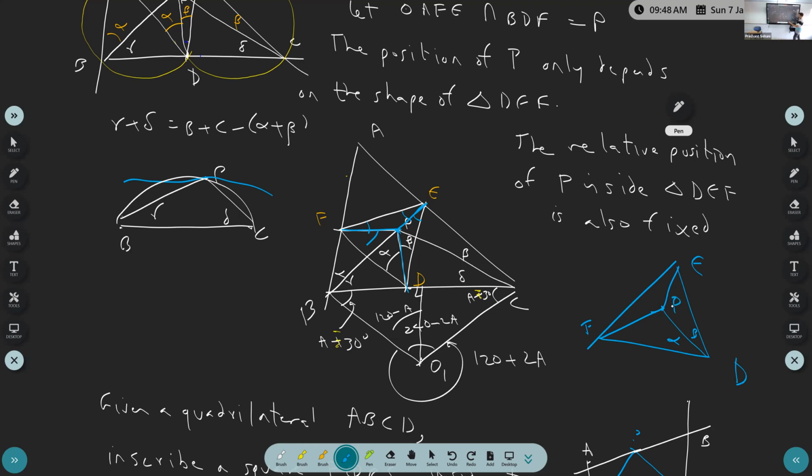So if somebody takes a different triangle D2, E2, F2, the triangle has changed, although point P has not changed and these angles have not changed. If I join this, like for example like this, then if this was beta, this will also be beta. So that is what I mean by the relative position.